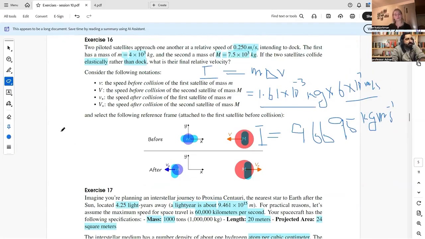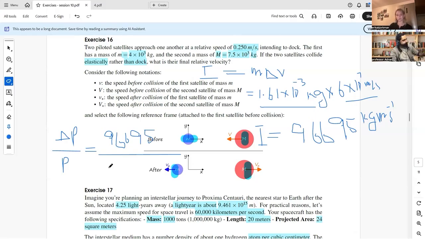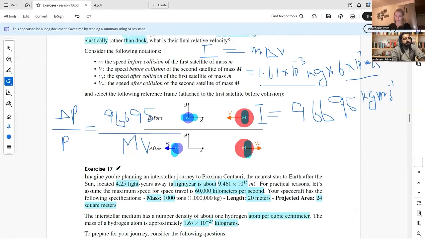For that purpose, we need to measure the ratio of the impulse to the momentum of the spacecraft, which is equal to 96695 divided by the product of mass and velocity of the spacecraft, mv, the mass of the spacecraft multiplied by the velocity of the spacecraft.